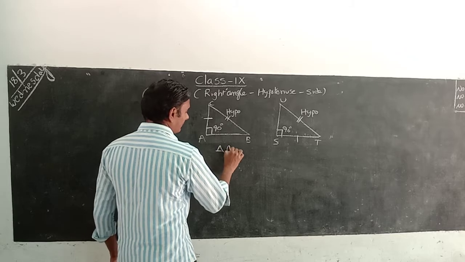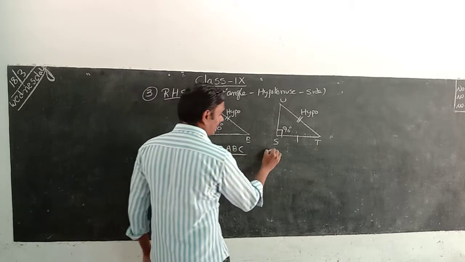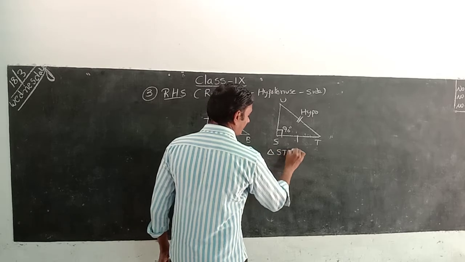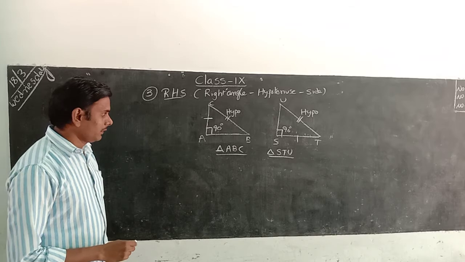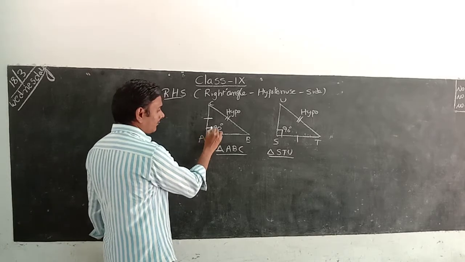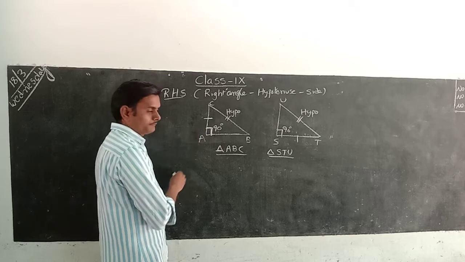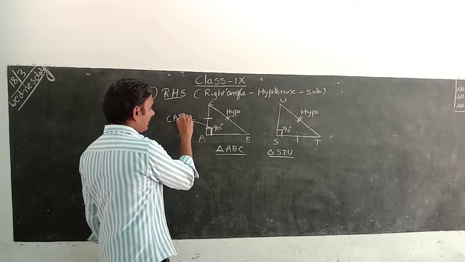Okay, what are the triangle names? First one, triangle ABC. Second triangle name, triangle STU. In these two triangles, what is the name of this angle? By using three letters we have to say. CAB.